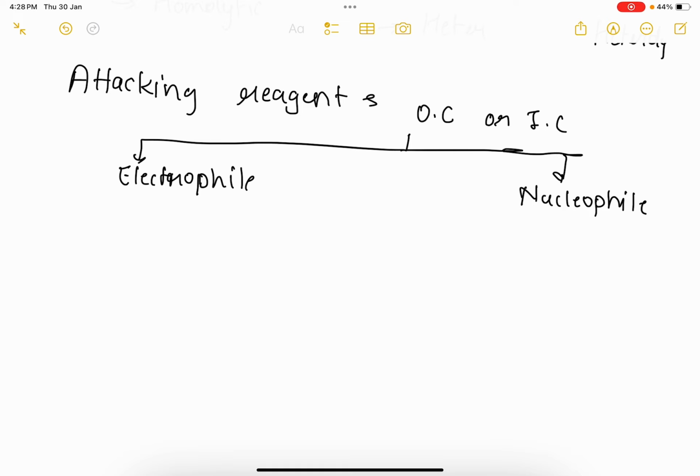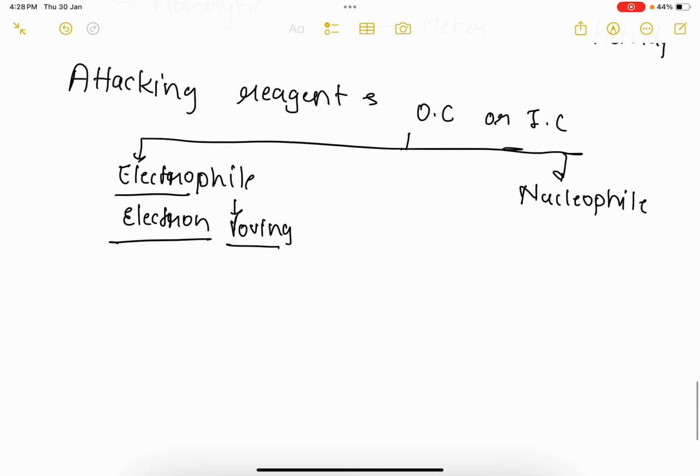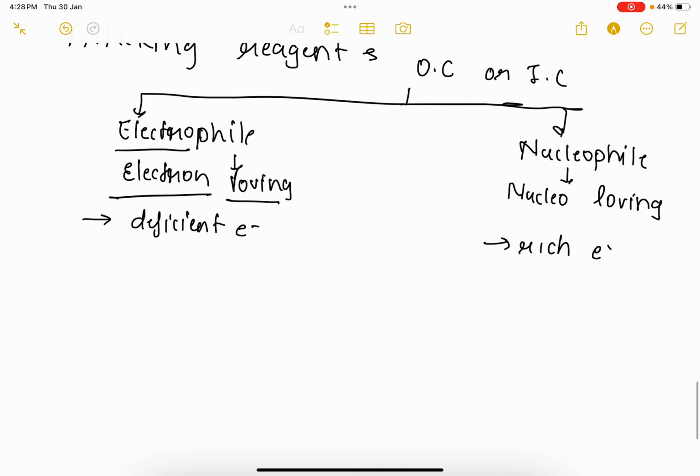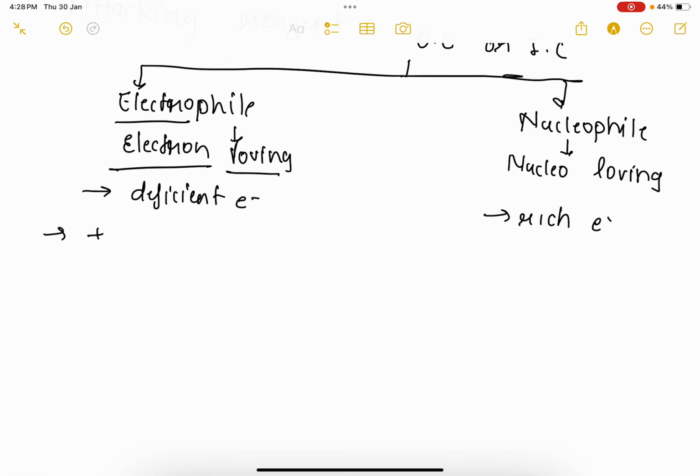Okay, so let's talk about electrophile. Electro means electron, phile means loving. So those molecules or ions which are electron loving in nature are called electrophiles. But those which are nucleus loving are called nucleophiles. Electrophiles are deficient in electrons, nucleophiles are rich in electrons. An electrophile could be a positive charge or cation, or a neutral molecule.